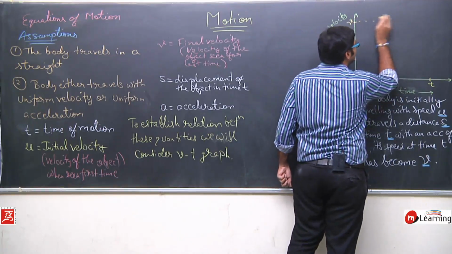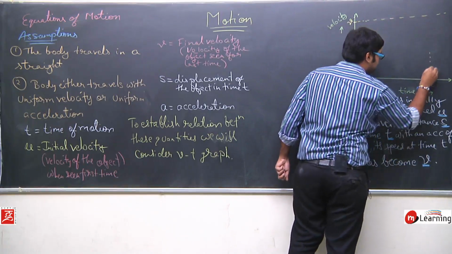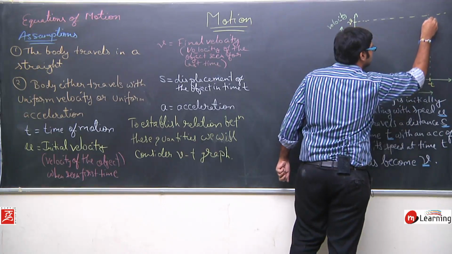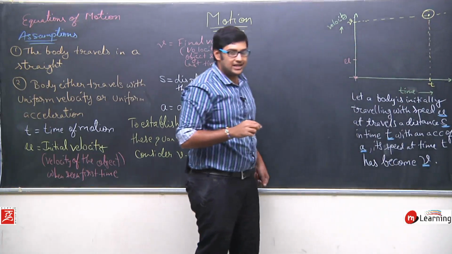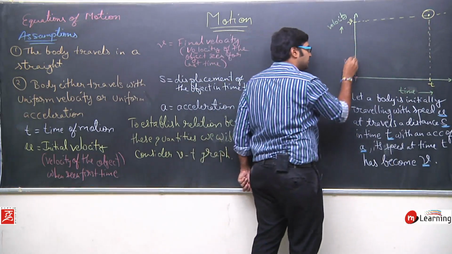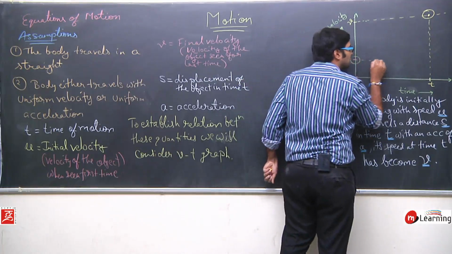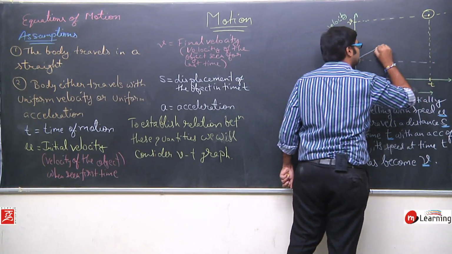If I mark this point like this, this is the position of the car after t seconds. This was the initial position of the car. Let us join these two points with a line.